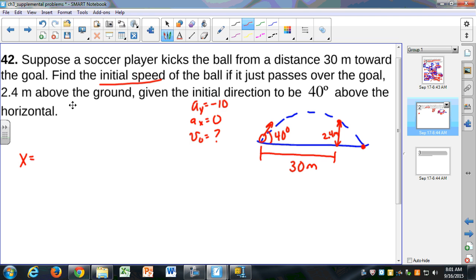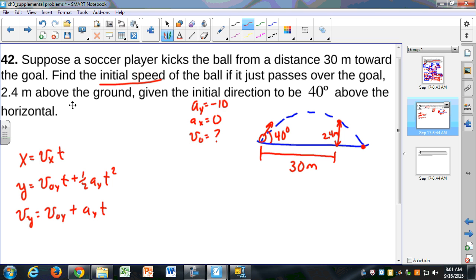That is that x is equal to Vx times t. Y is V naught y times t plus 1/2 ayt squared. And then Vy is equal to V naught y plus ay times t.